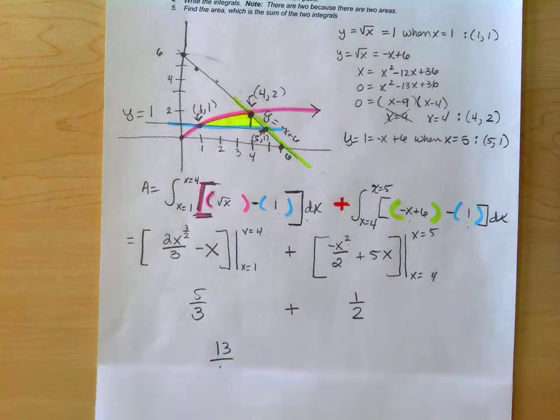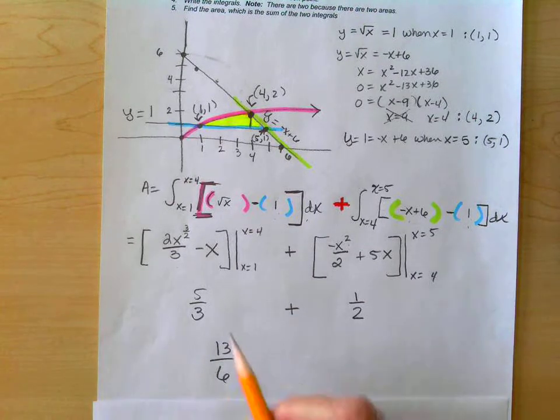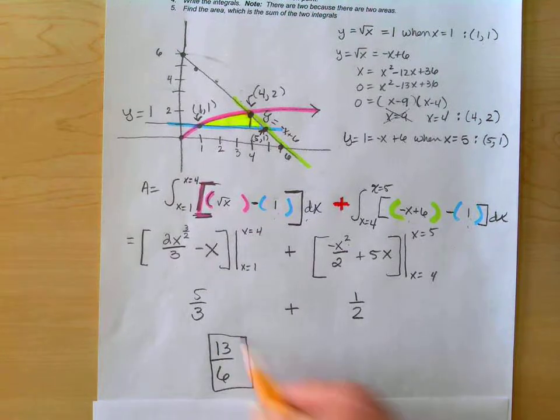And then, of course, when we add those, we get 13 over 6 as the final area, the total area. Please note that you do want to leave this as an improper fraction, not as a mixed number, and not as a decimal approximation.